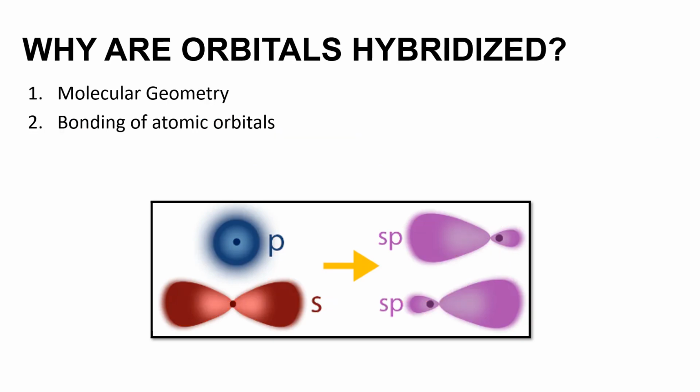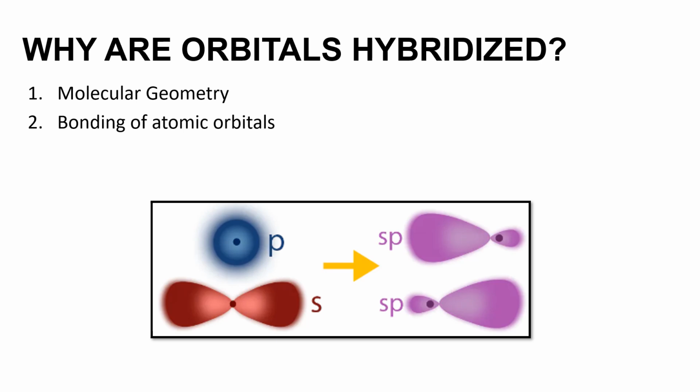Why are orbitals hybridized? In our previous video, part 2 of this lecture, we explained that valence bond theory has limitations, and in order to explain the structures and bond angles of molecules, Linus Pauling modified the valence bond theory using this hybridization concept.